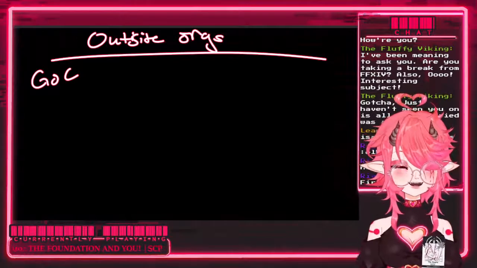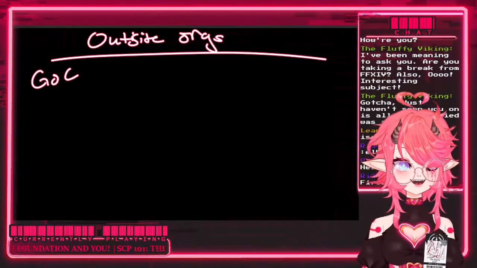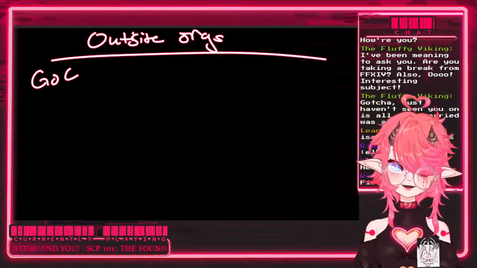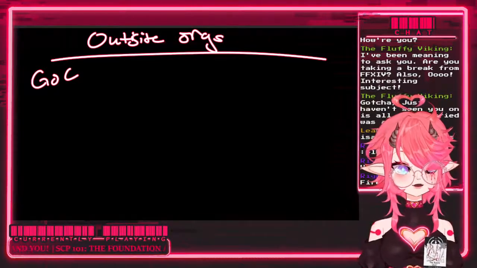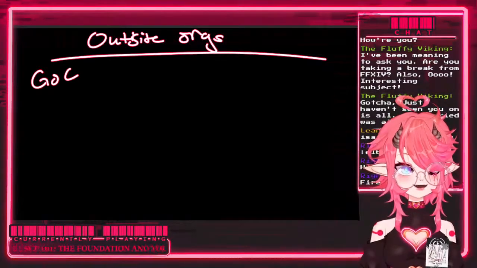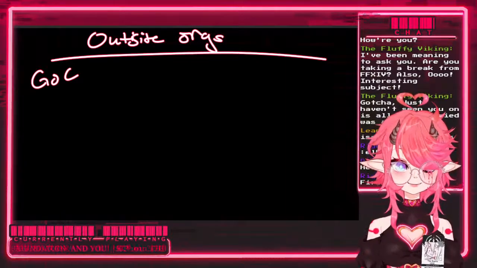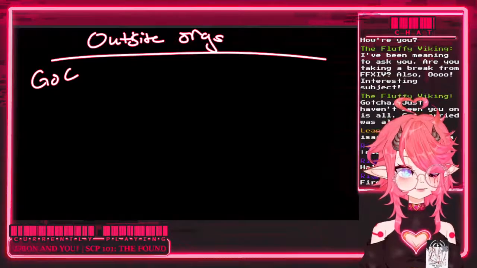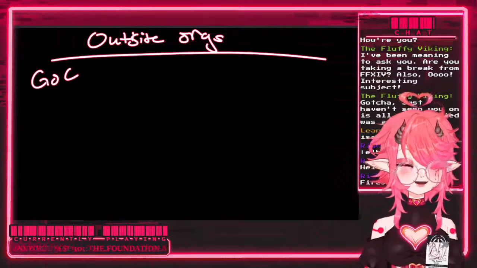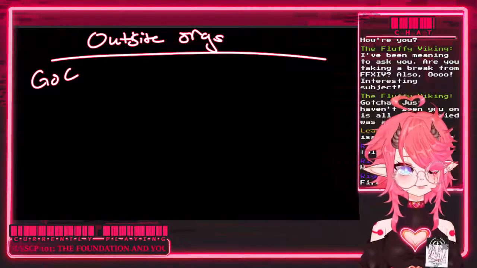The GOC is a very unique organization. The GOC itself is focused on the eradication of SCPs. I like to think of the GOC as an exact opposite to the SCP Foundation itself. That's not entirely true, but that's just how I remember them.